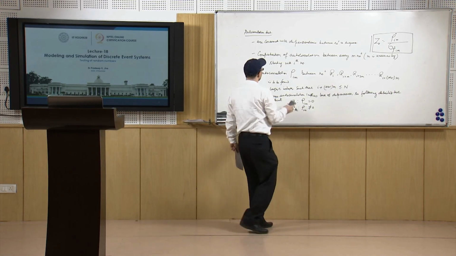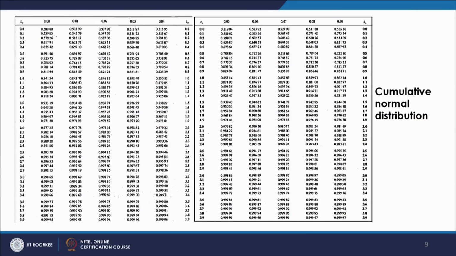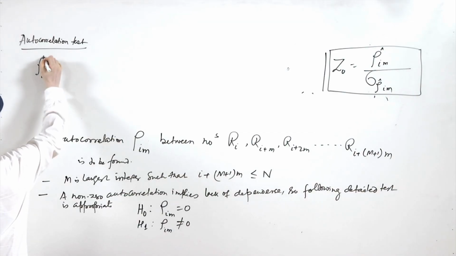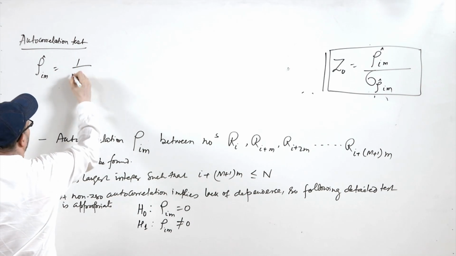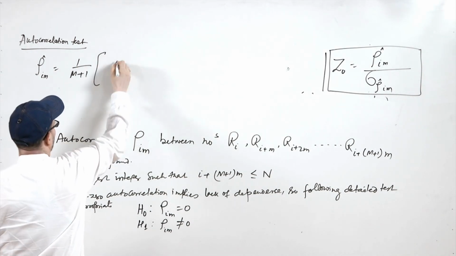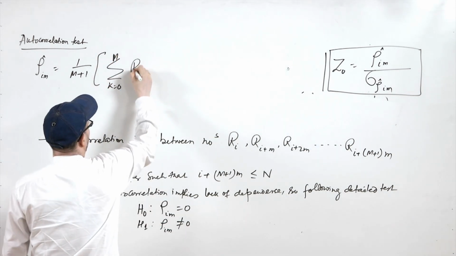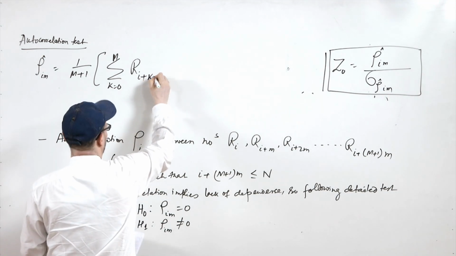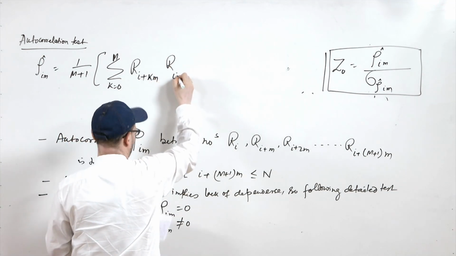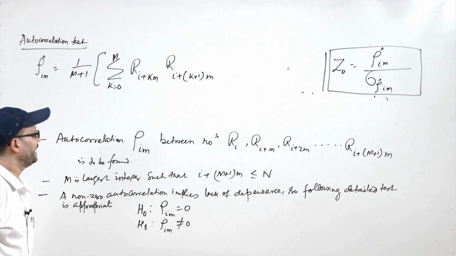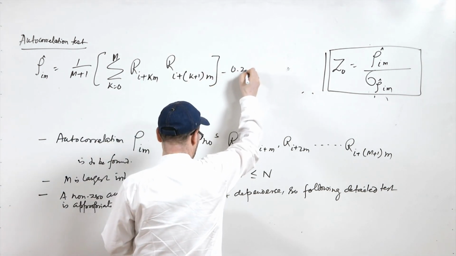So, further you will have certain conditions and parameters to be found. Rho im you will compute as 1 by (M plus 1) times the summation of k equal to 0 to M of R i plus km and R i plus (k plus 1) m, minus 0.25.